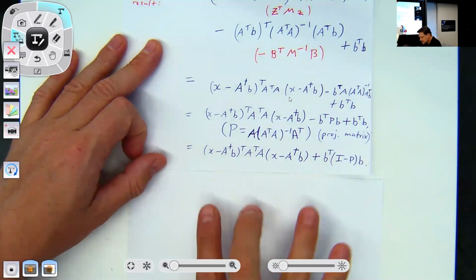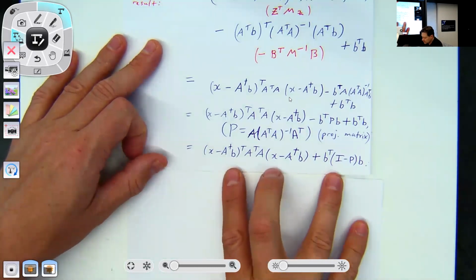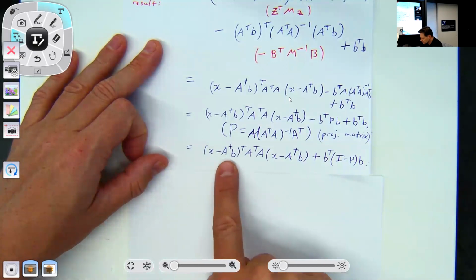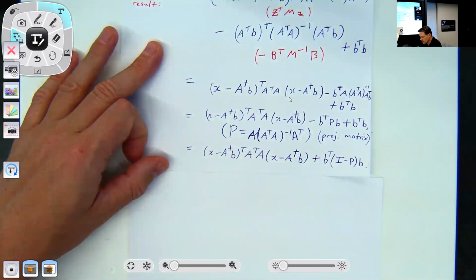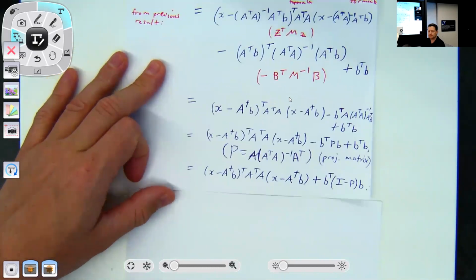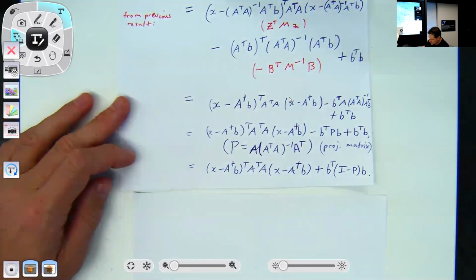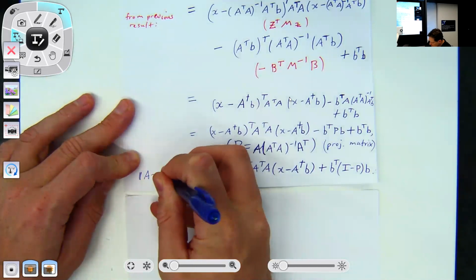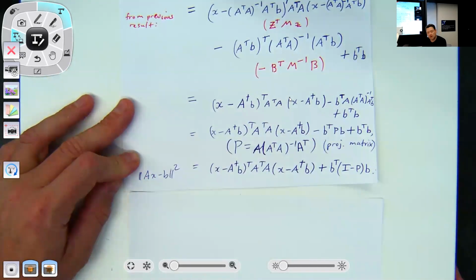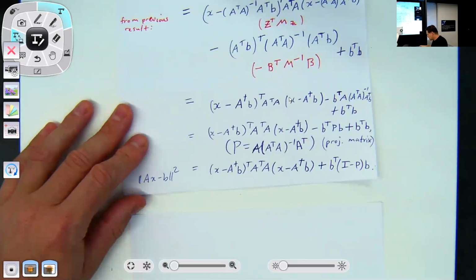And so that's now expressed in the appropriate way, okay? So we've got this in terms of the pseudo inverse and the projection matrix. All right, and remember this is the square of the norm of AX minus B. Okay, so I think I'll just write that there. All right, good.